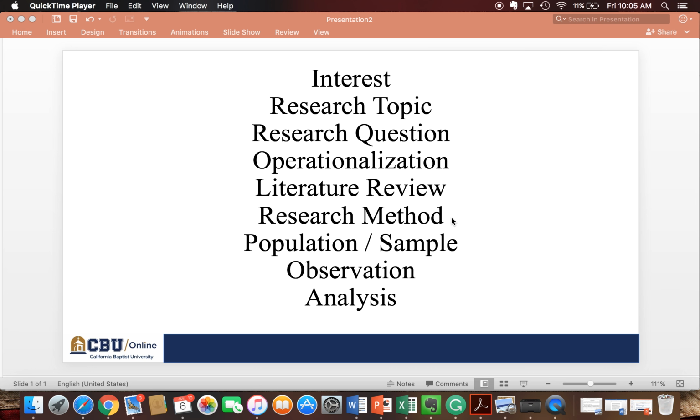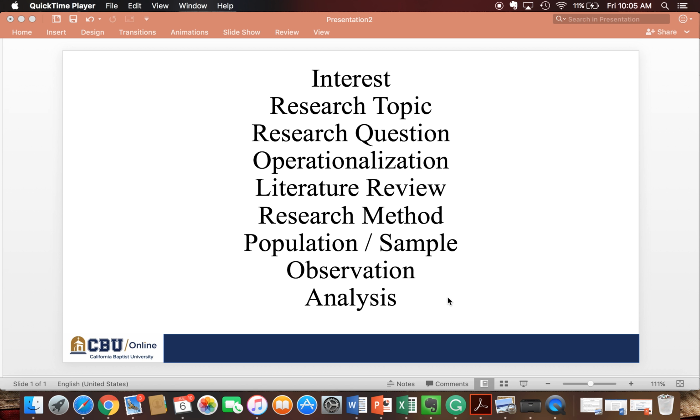We're going to create a process in which we can actually pull off this research. We're going to define the large population and then the smaller group that we're actually going to look at. And then we are going to determine how we're going to observe them and how we're going to report on them. And that becomes chapters 1, 2, and 3 of our prospectus.